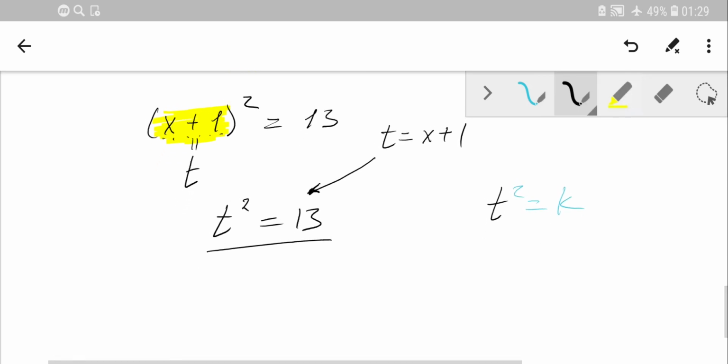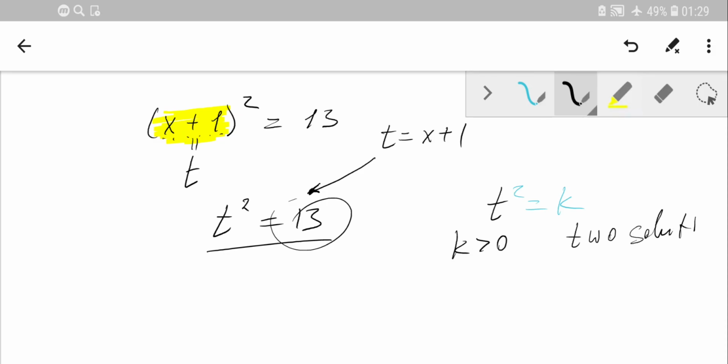Okay, how to work it out? So k is 13, which is more than 0, so we'll have two solutions. t is simply plus or minus the square root of 13.